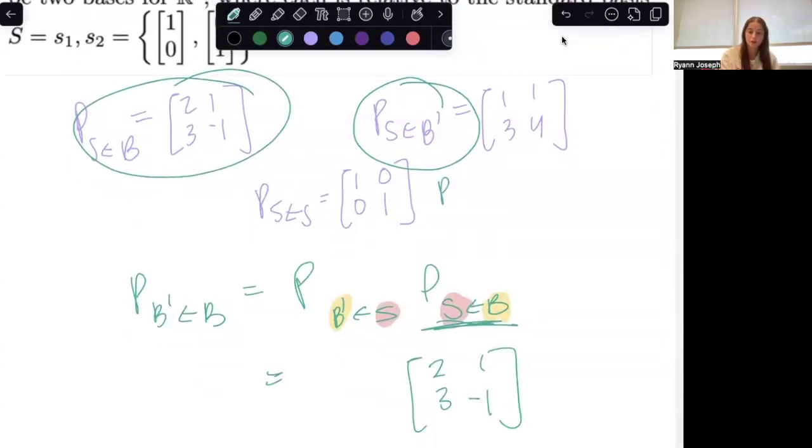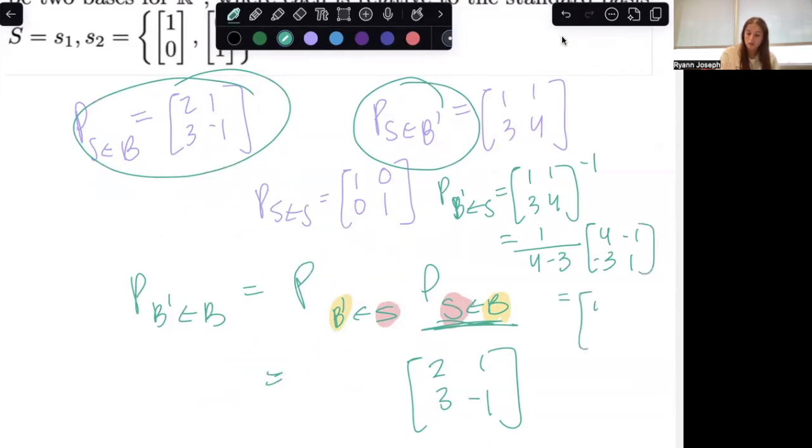So I can solve for S to B prime by taking the inverse of this matrix, which would be swapping the 1 and the 4 in A and D, and then negating the 3 and the 1, which gives us 4, -1, -3, 1. That is my S to B prime.